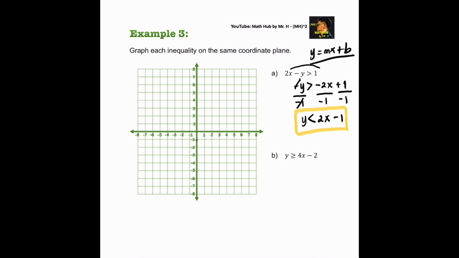So that's the y-intercept. And the slope here is +2. That is equal to 2 over 1. So rise over the run. So 2 units up and 1 unit to the right from the y-intercept.